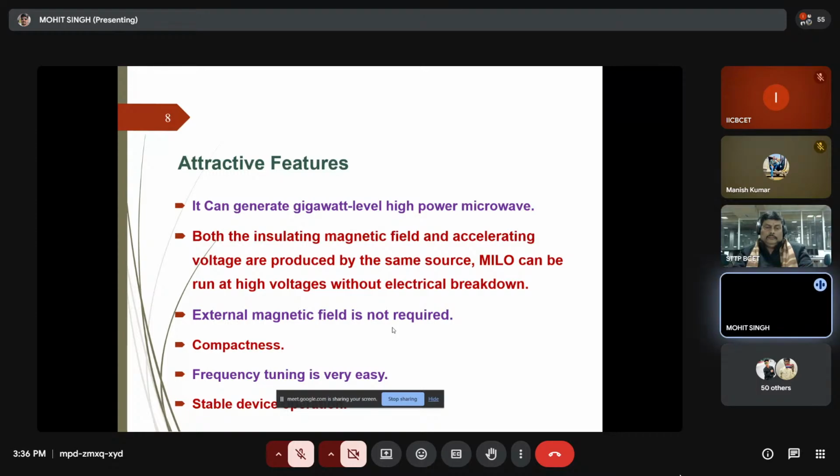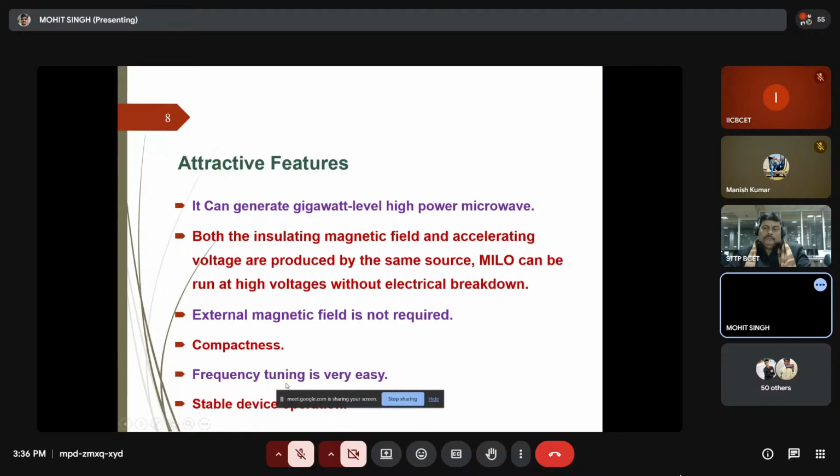Compared to other devices which need an external magnetic field, a device with a self-generated magnetic field will definitely be compact. This is the beauty of MILO: it is a very compact device.